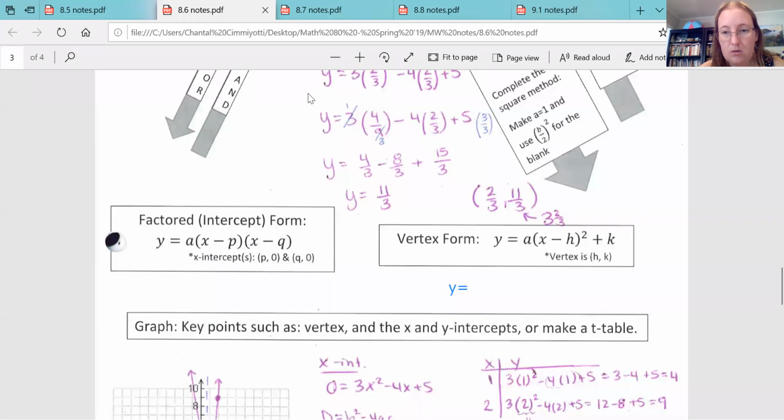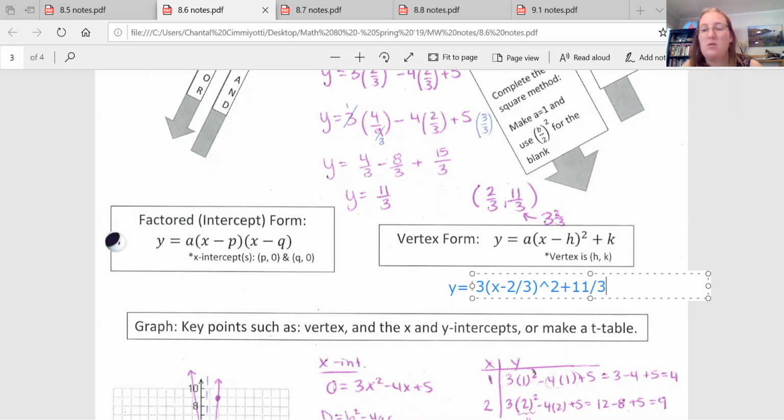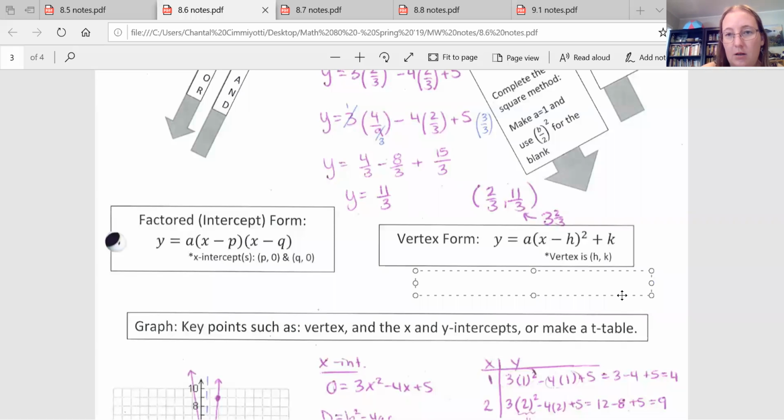So y equals 3 times (x minus 2/3) squared plus 11/3. Just make sure that it has the correct preview, that you type it in correctly, that you put parentheses where you need to, so that it interprets things correctly. It'll do the division before the addition, so that should be fine. Okay, I'm going to clear that.